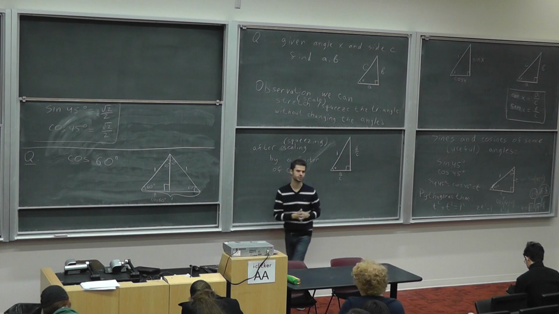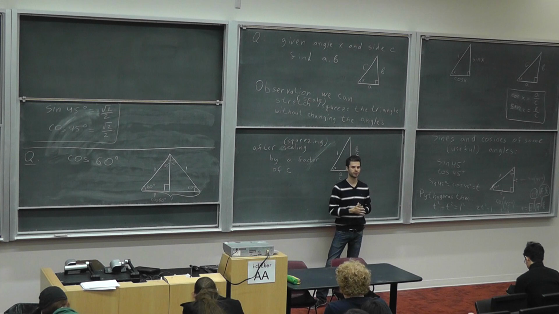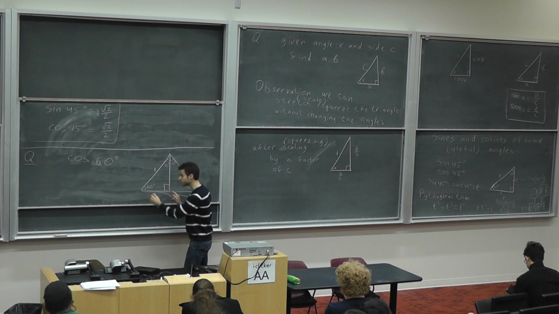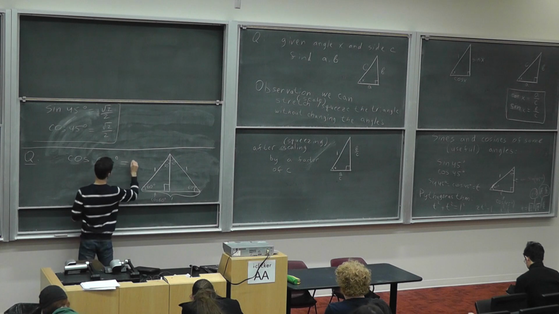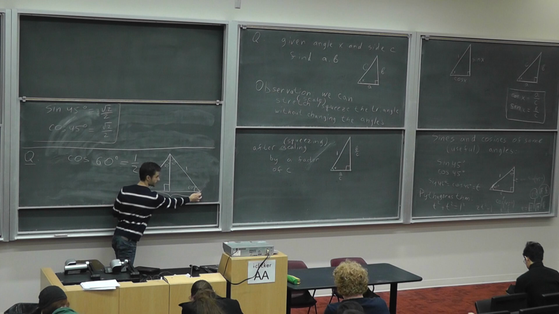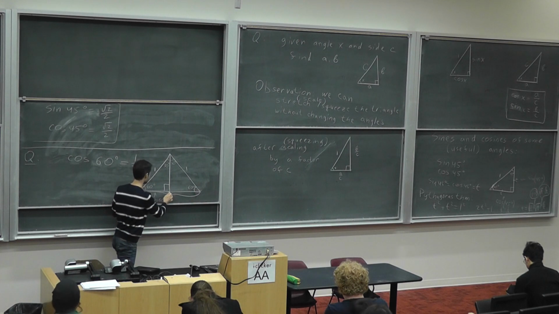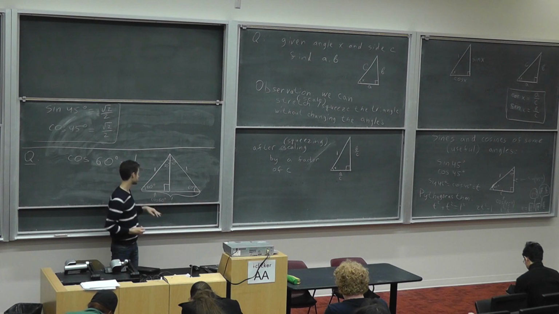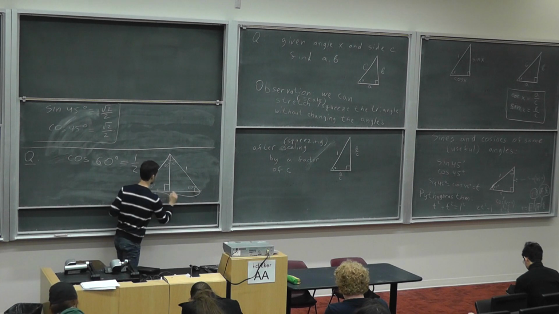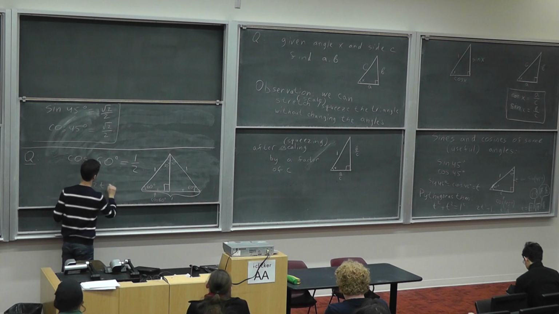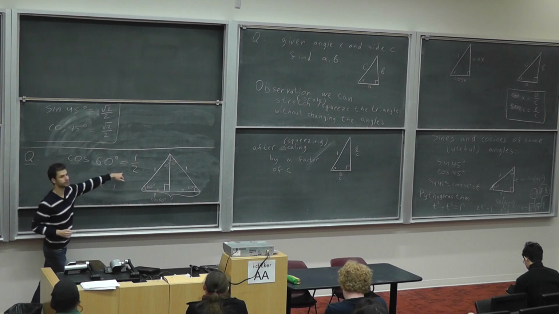So what is the cosine of 60 degrees? What is this length? 1/2, yes. So this side is twice the length of this side, because it consists of this side plus its mirror version. So if this is t, then this is another t, and 2 times t is equal to 1. So t is 1/2.